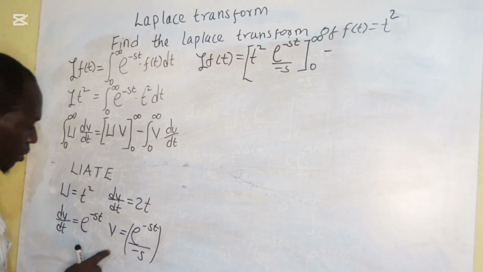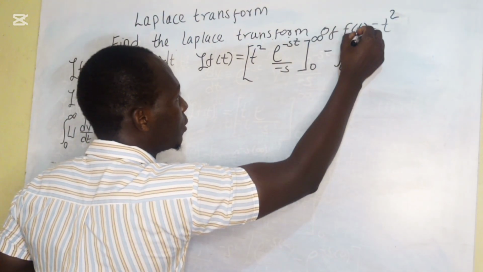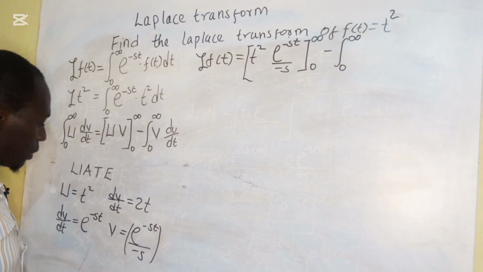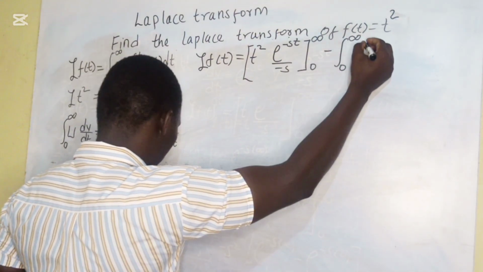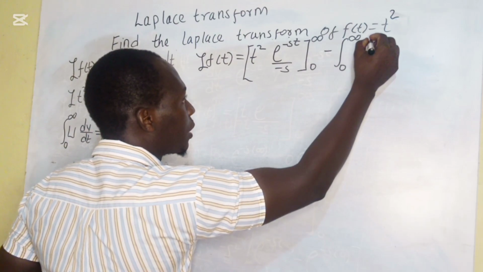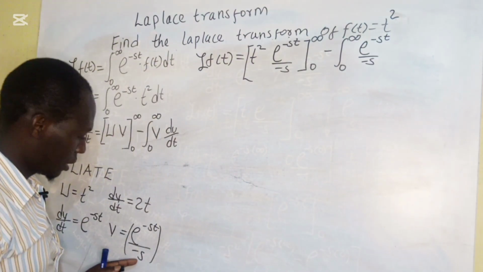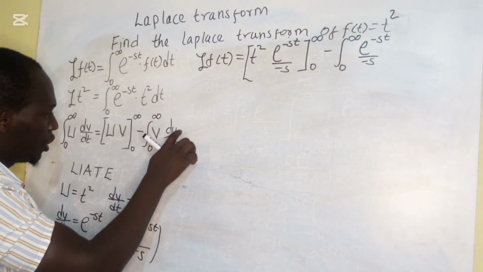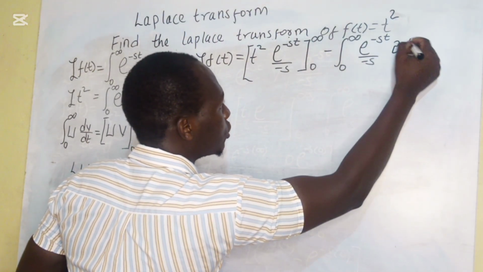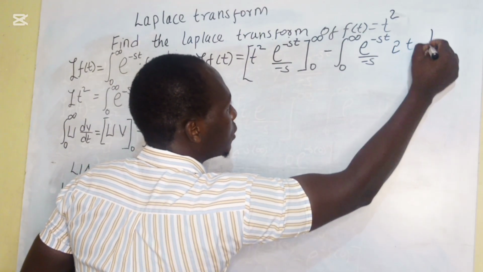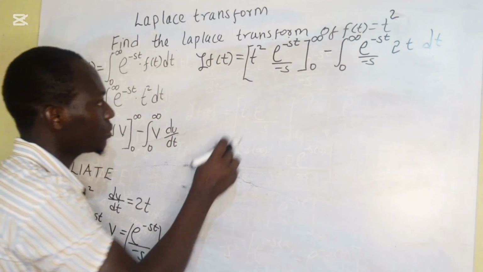We subtract from here an integral of that with respect to our limits, an integral of v. Our term of v we understand is exponential negative st all over negative s. du with respect to dt is equal to 2t. And our integration there is with respect to dt.